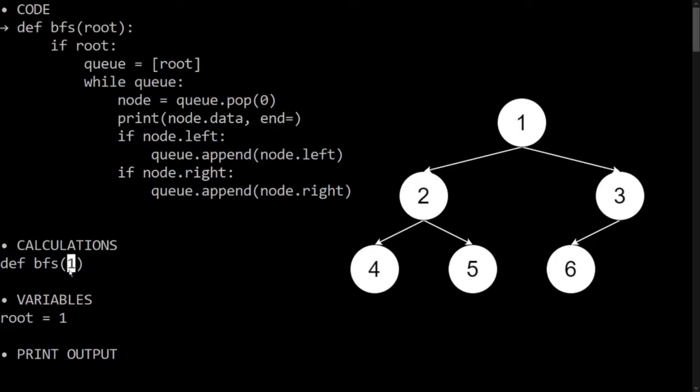So when root is carrying a value of 1, that means this root is node 1 and not the integer 1. Next is the variable section. This will contain all the variables that are present in the local scope. In this case also, node is represented by its data and not the actual hexadecimal address that gets printed normally.